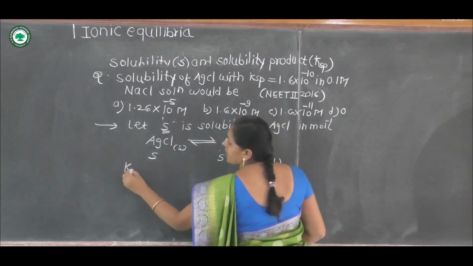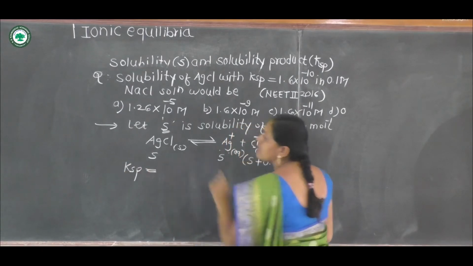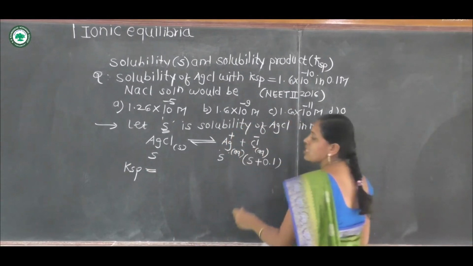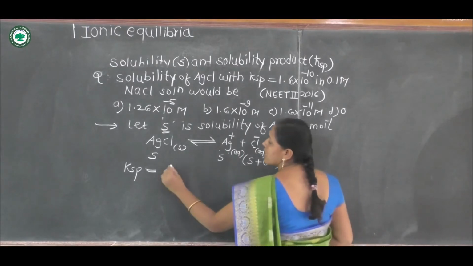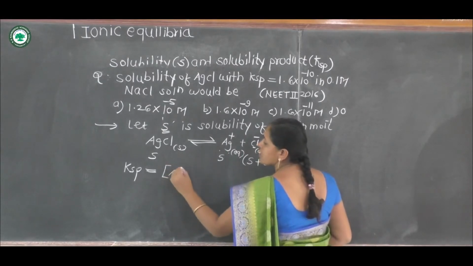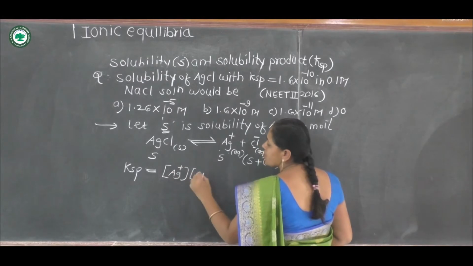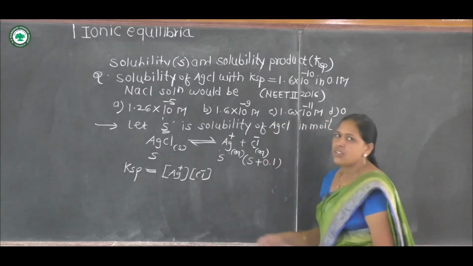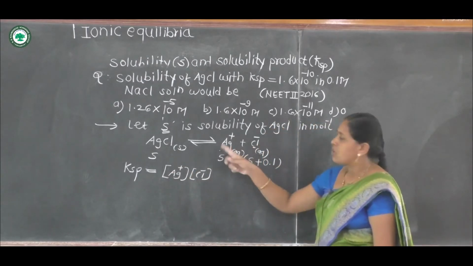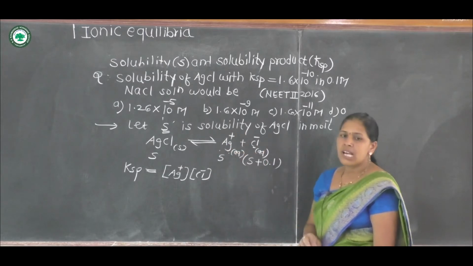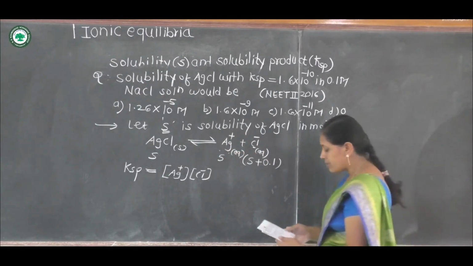Then what is the expression for Ksp? For AgCl, concentration of Ag plus into concentration of Cl minus. For both ions, the number of moles is equal, that is 1.